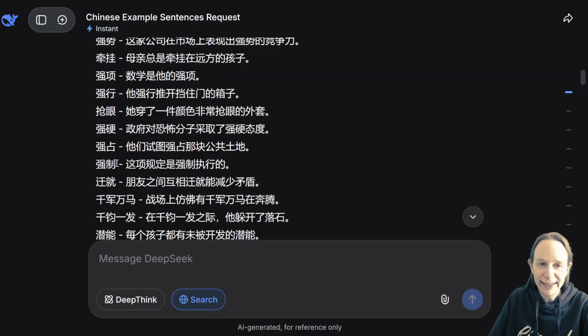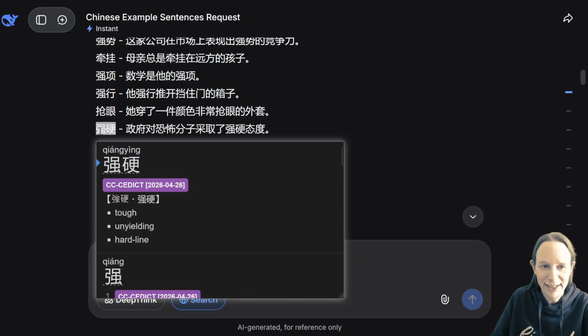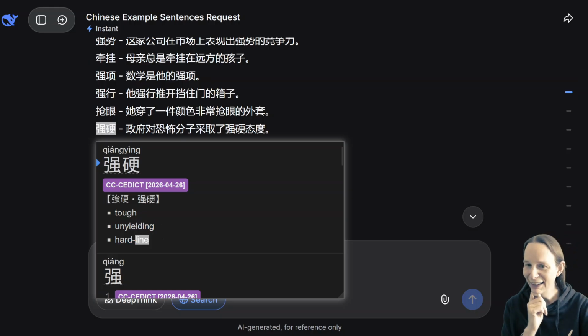Okay, 强硬. So strong and yin is hard. Maybe it's like resolute or stubborn or something like this. I see 政府对恐怖分子采取了强硬态度. Yeah, unyielding. So 强硬, unyielding, hard line. Well, that's a good translation, hard line.